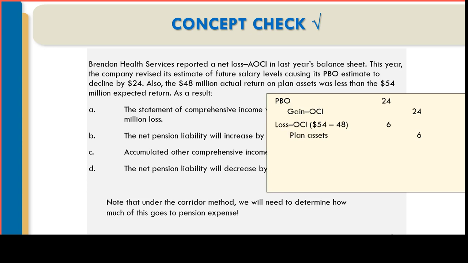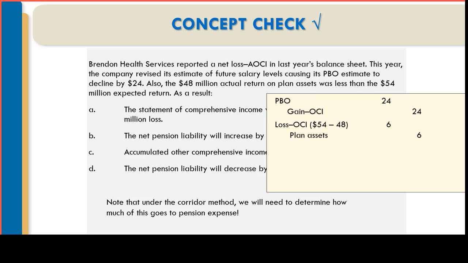So the solution to this one, if we were doing this in journal entries, we would say the 24 is going to go to OCI, and we would say that reduction in plan assets, a part of that would go to OCI, the 6, as a loss. So as I said before, you have a gain, you have a loss.